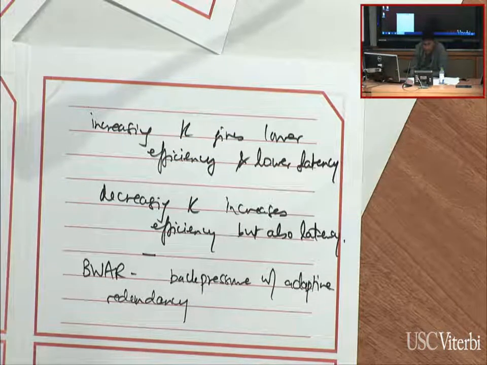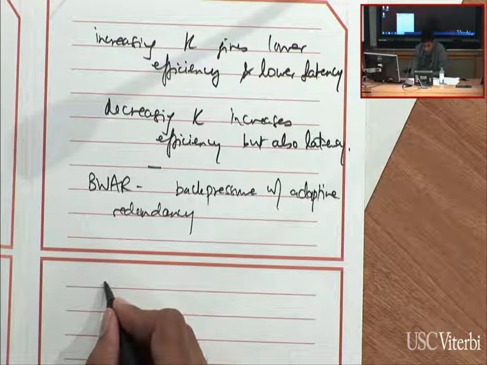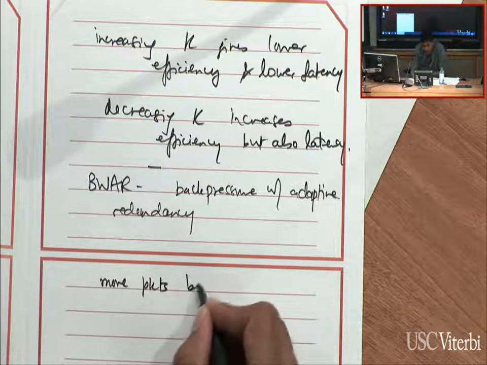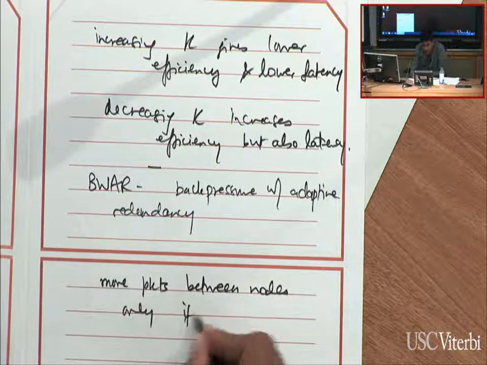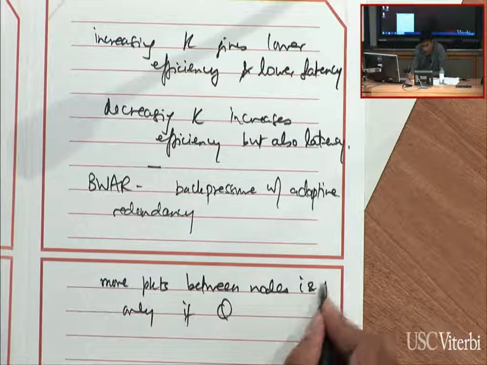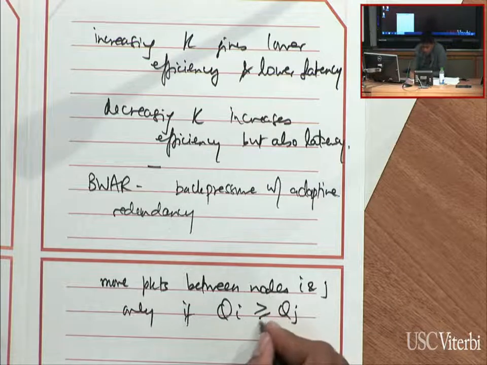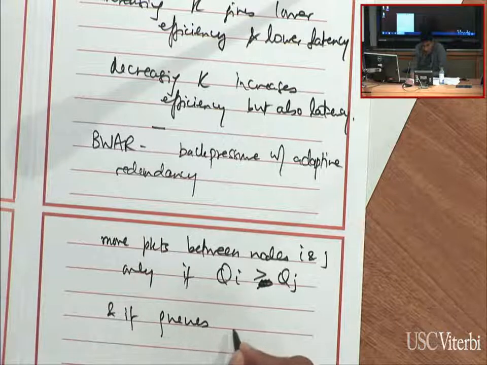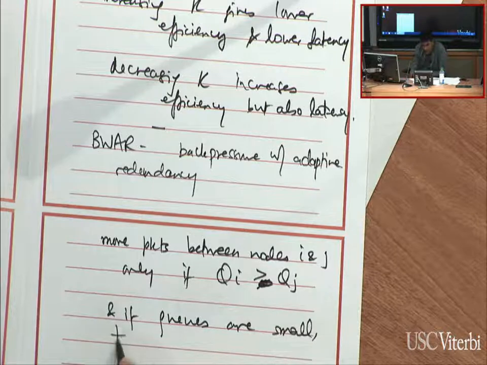And the basic idea was that you move packets between nodes i and j only if qi is bigger than qj, and if the q's are small, then don't just move the packet, you actually make a copy.